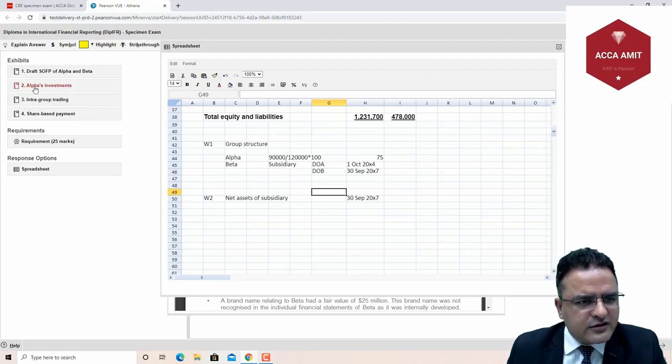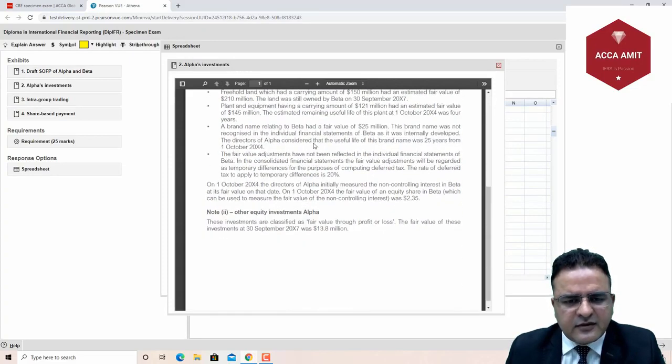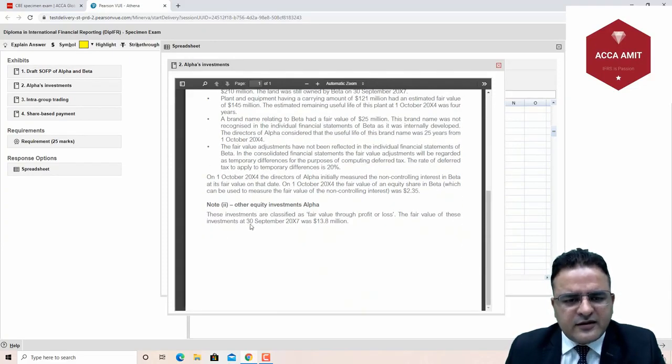We should scan through the question, Alpha's investments. Now, the investment in Beta is 2,36,500. There are other equity investments. Now these other equity investments, if you look at, belong to which category? These investments are classified as fair value through P&L. The fair value of these investments at 30th September 20x7 was 13.8 billion.